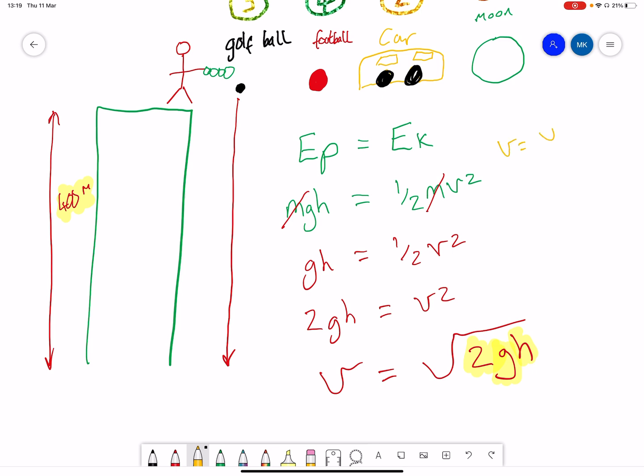v equals the square root of 2 times 9.8 times 400 meters a second. Whatever that number gives you, x meters a second, they will all reach that speed.